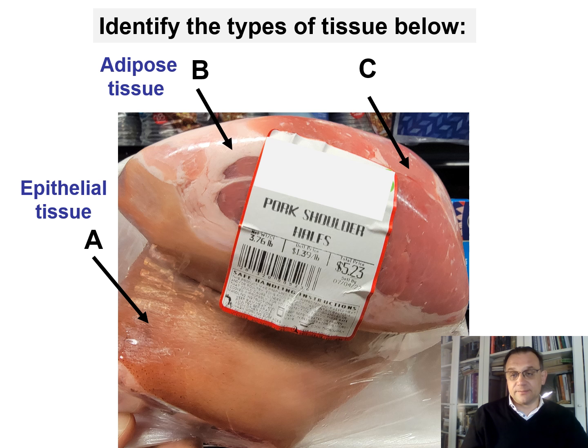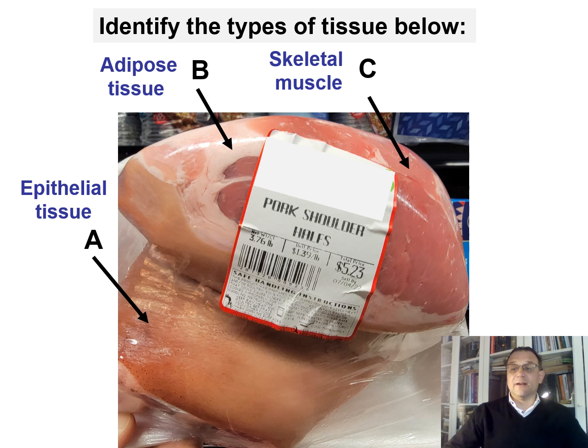Adipose tissue, fat tissue, made of adipose cells, fat cells. C is skeletal muscle. Meat, flesh, is made up of skeletal muscles, muscles that attach to a skeleton, either human or other animal.